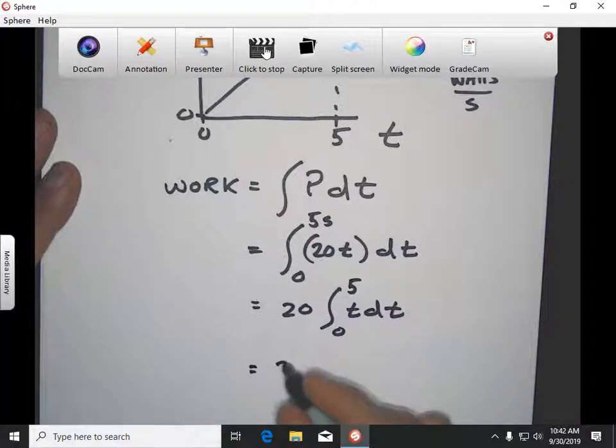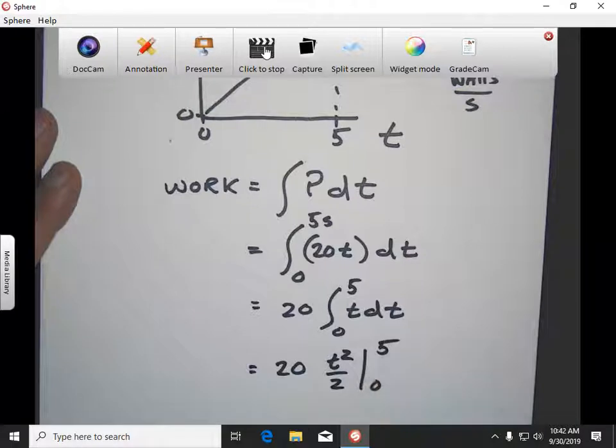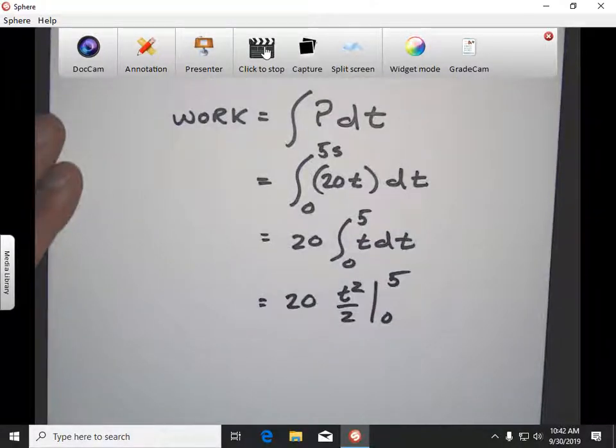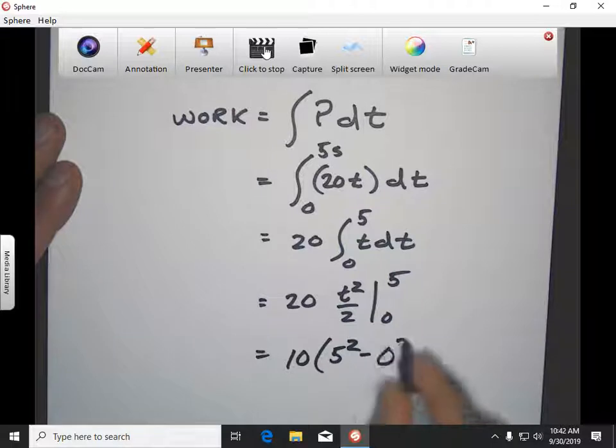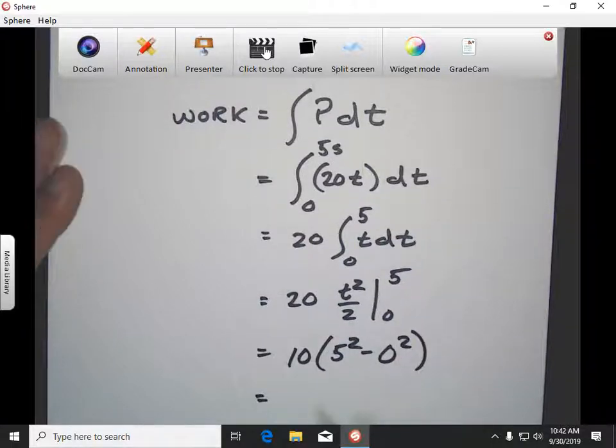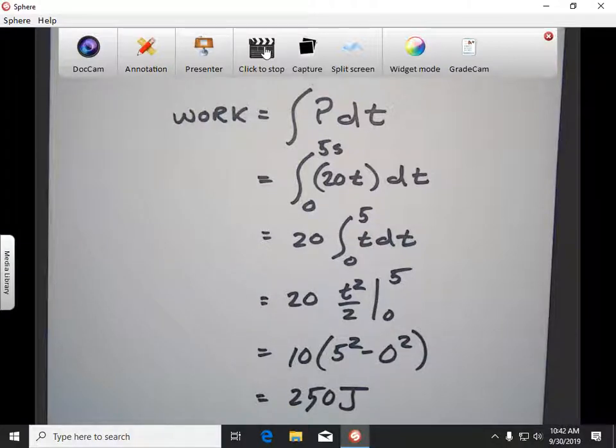And of course, that's 20 times t squared over 2, evaluated from 0 to 5. And so 20 over 2 is 10. So we have 10 times 5 squared minus 0 squared. And that gives the same answer as what we got before. So it's a good practice here with integration, and you should be able to do that at this point for simple integrals like that.